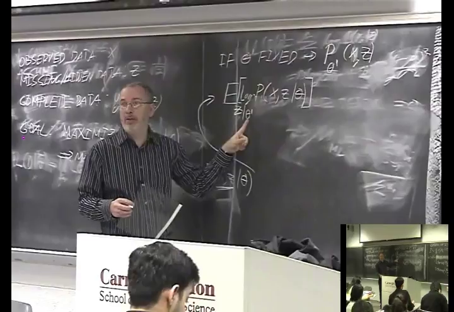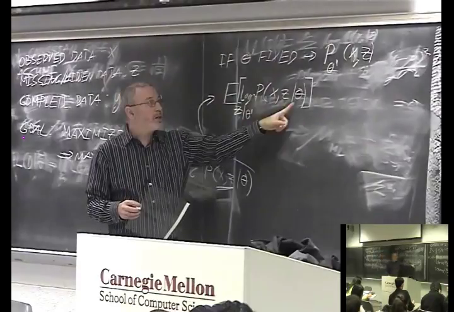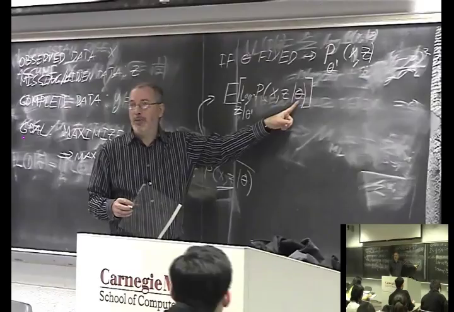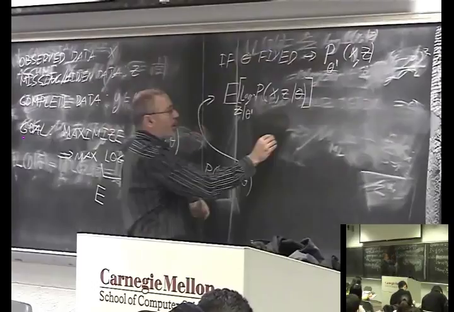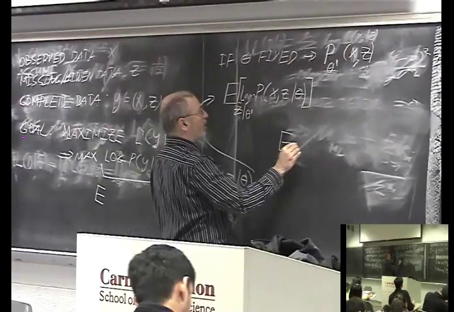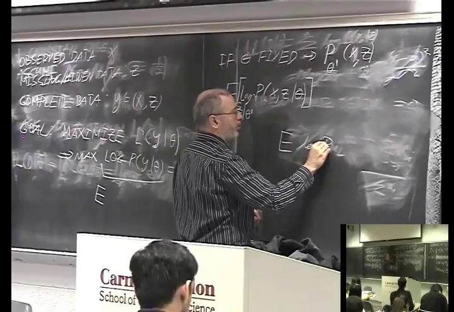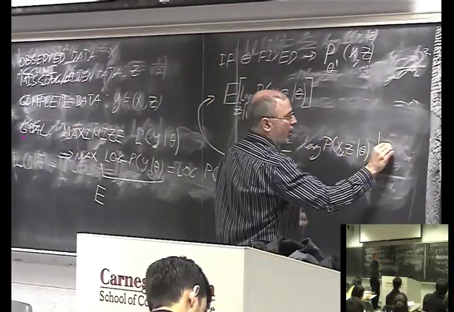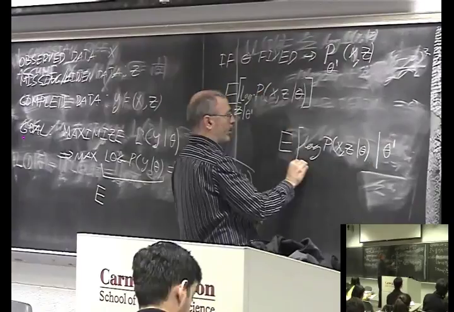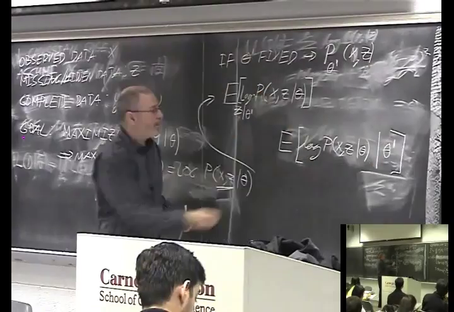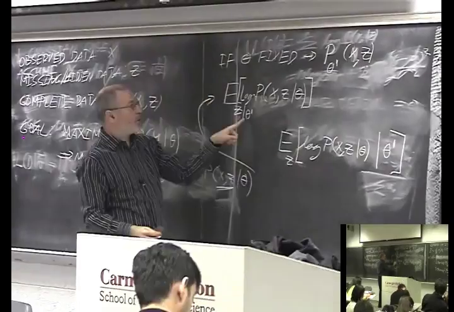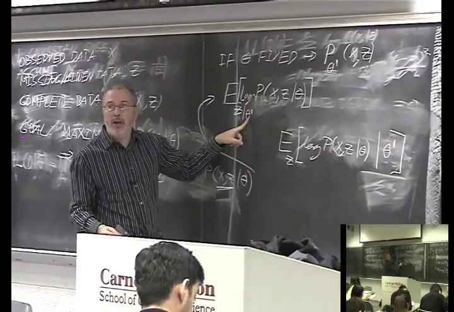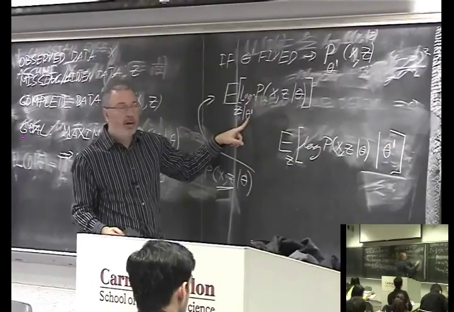The expectation is calculated based on some tentative values of the parameters, but this is still a free parameter, and I'm going to look for the argmax of this theta. And that's going to be my new theta. So my new theta, theta of iteration k plus 1, equals this calculation over theta of iteration k.